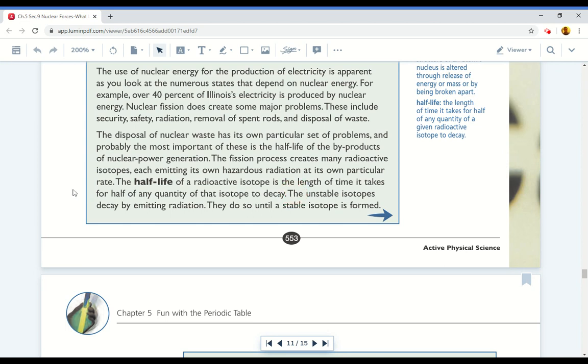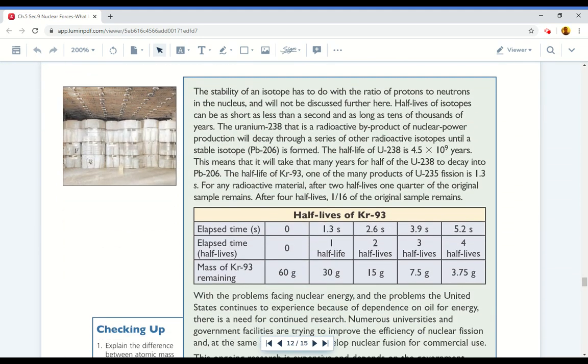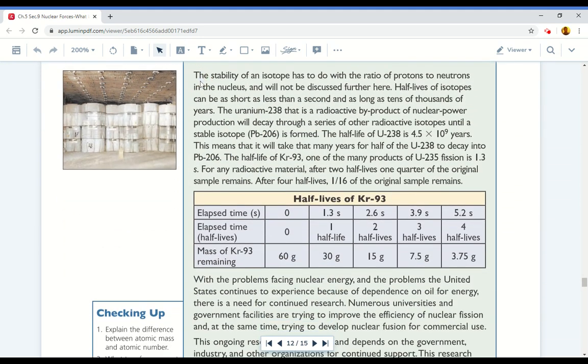The unstable isotopes decay by emitting radiation. They do so until a stable isotope is formed. The stability of an isotope has to do with the ratio of protons to neutrons in the nucleus, and will not be discussed further here.